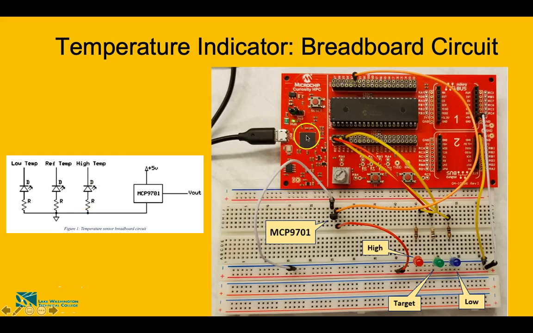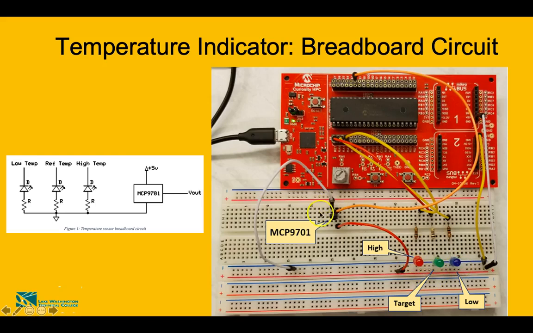This slide talks about the breadboard circuit for the simple temperature indicator circuit, and this is another example of a temperature sensor breadboard circuit. You can see these are the three different LEDs which are used: low, target, and high LED, which represent different temperature status.